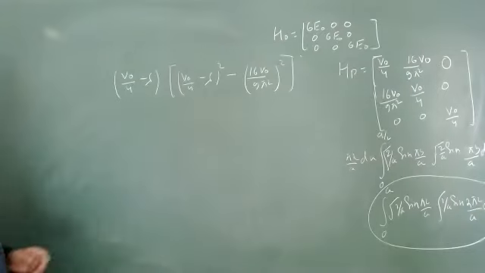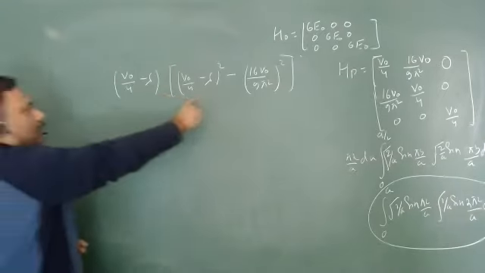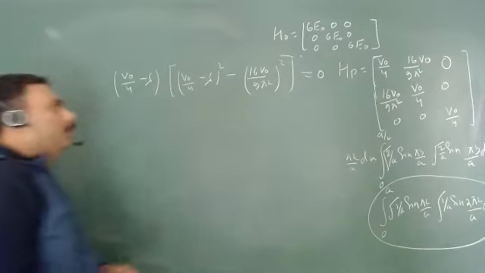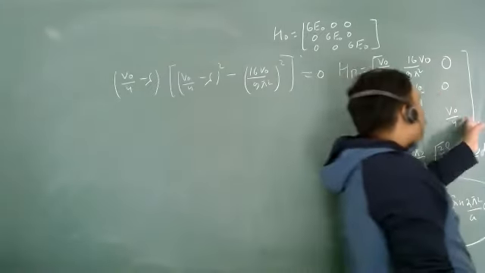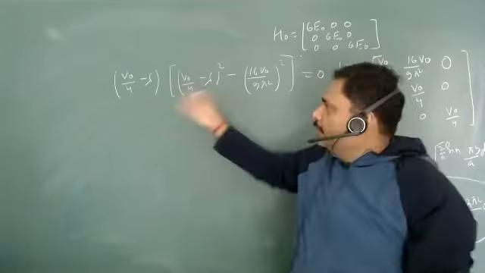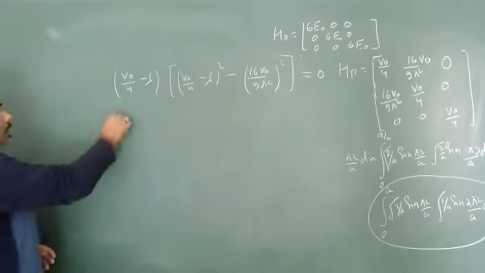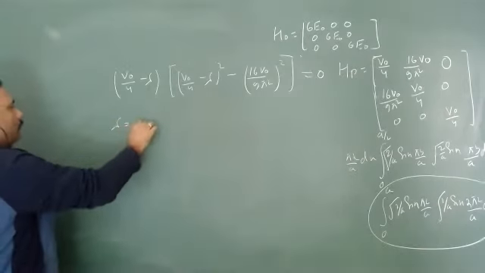This must be equal to what? 0, just for the eigenvalue. You can just put minus lambda is equal to 0, and you will get this after the determinant. So what is the value of lambda?